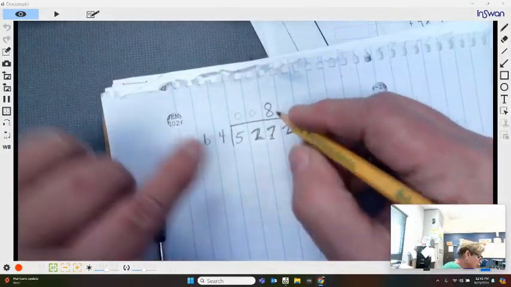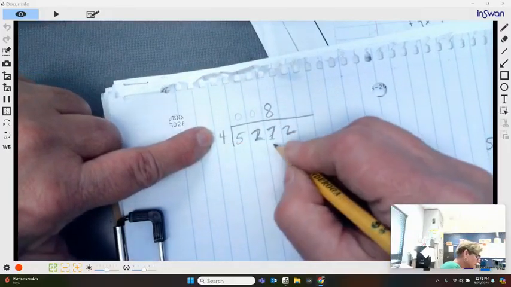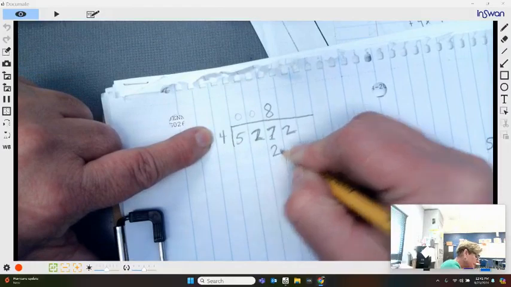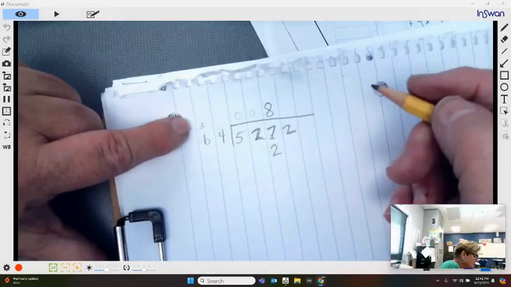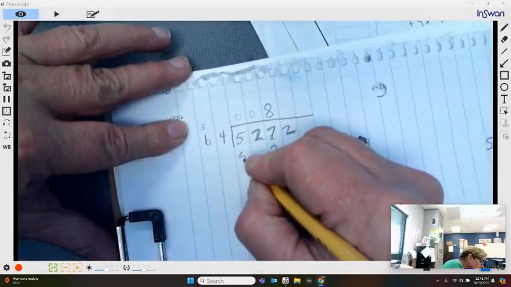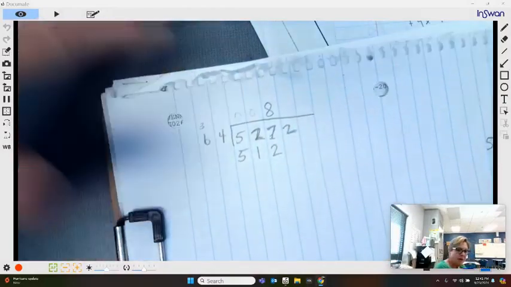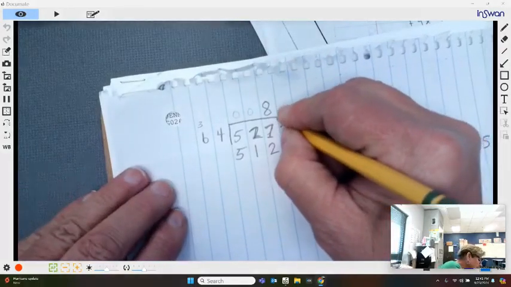So I multiply the 8 times the 1's place value. 4 times 8 is 32, so we'll put our 2 down, carry our 3. 8 times 6 is 48, and 48 plus 3 is 51. Now, I divided, I multiplied. My next step is to subtract.